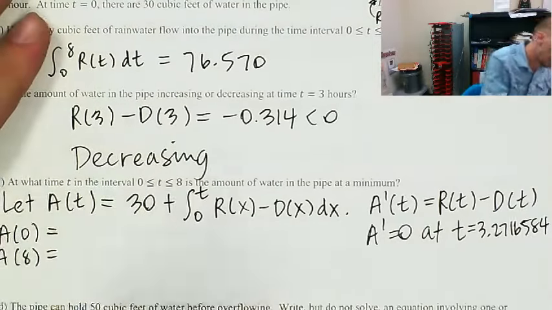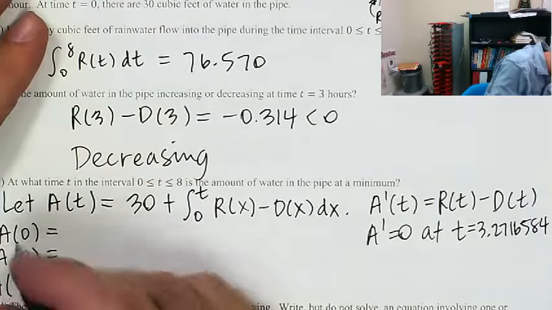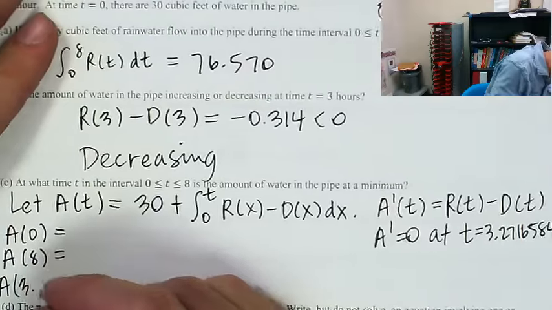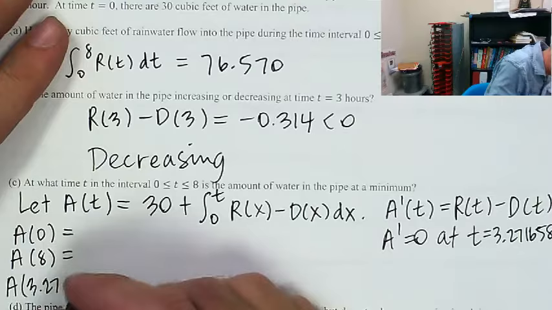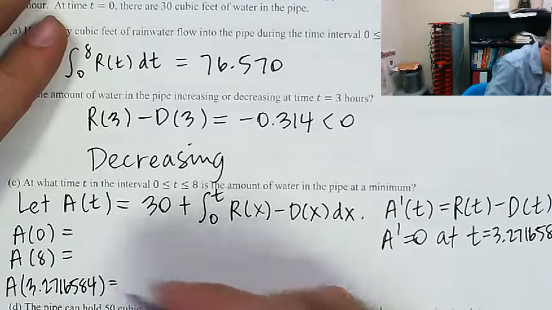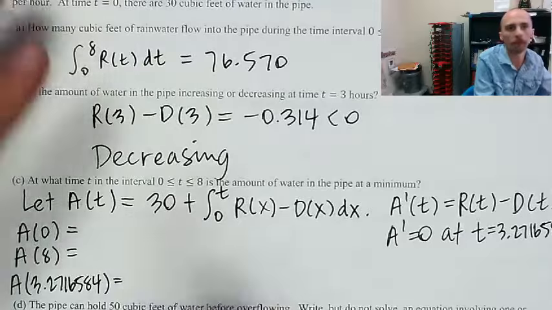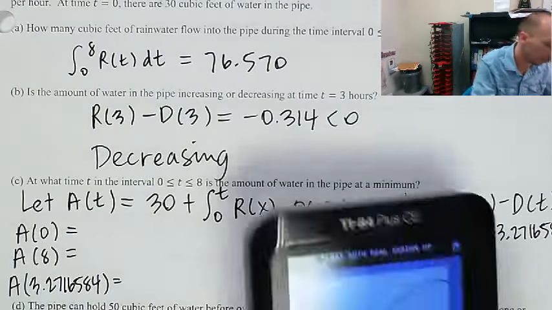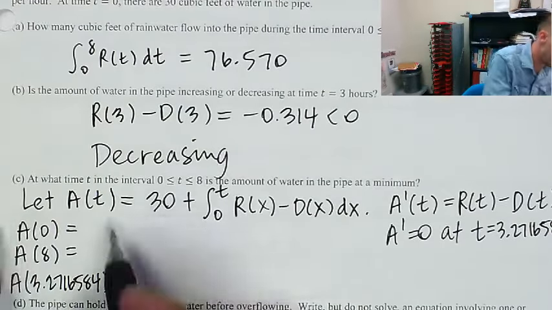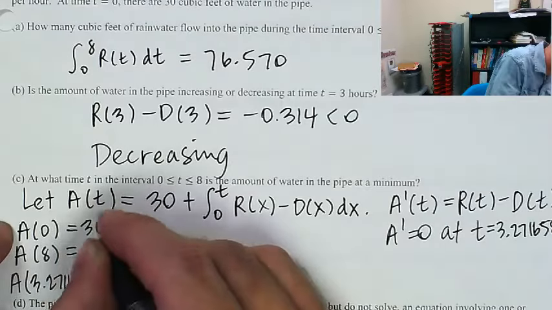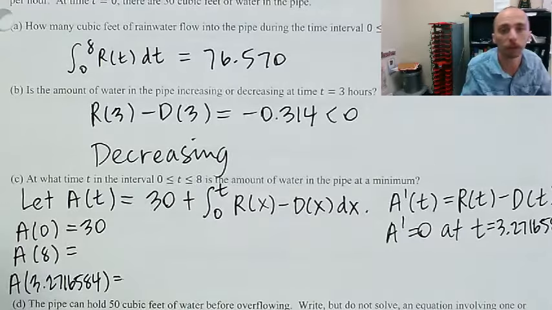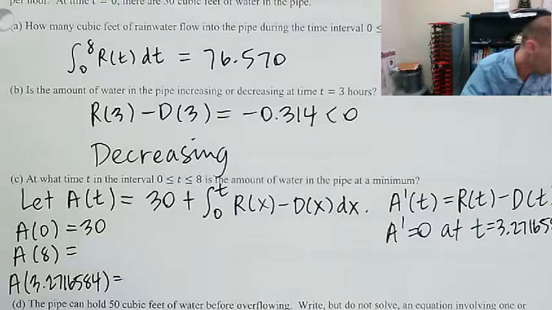So I'm going to say A of 3.2716584 is going to be equal to something. Okay, I don't need to write down all of this stuff with the integral, right? Also I know that A of 0 is going to be 30, because first of all, they told me, second of all, because the integral from 0 to 0 of anything is going to be 0.